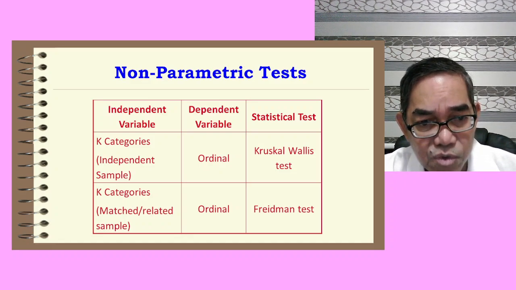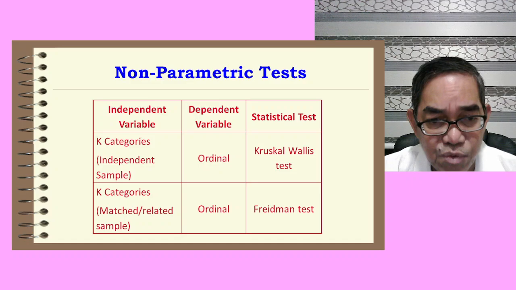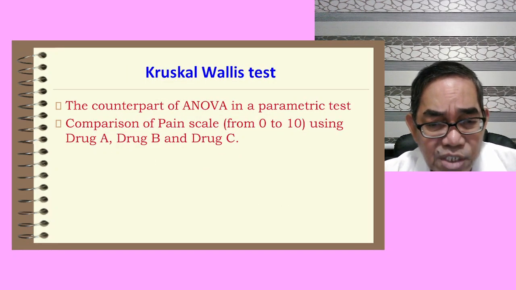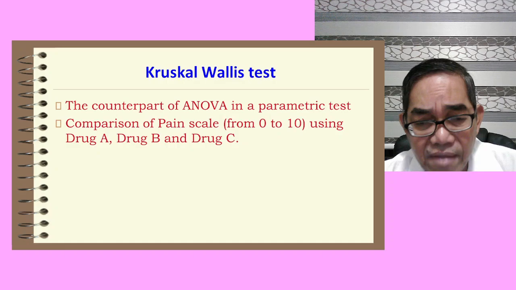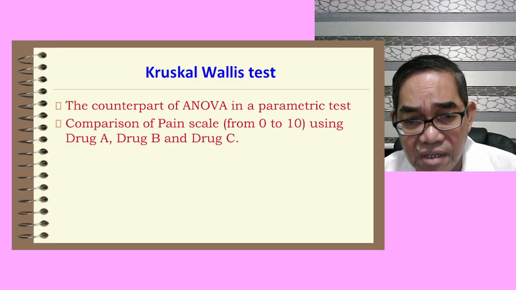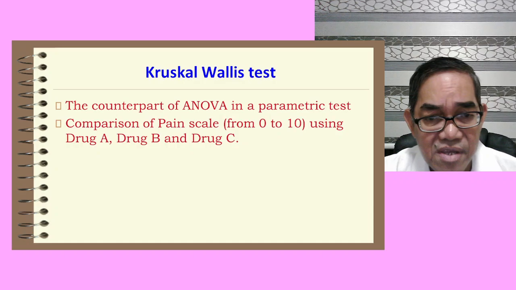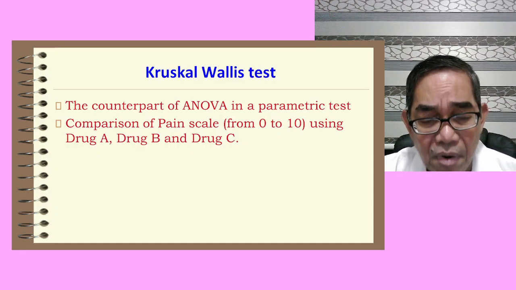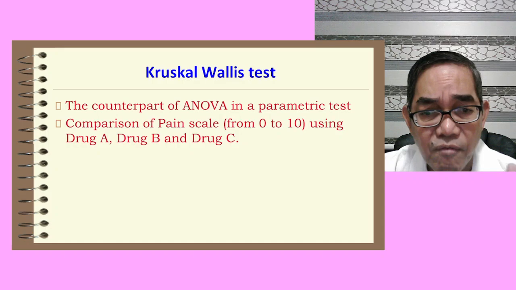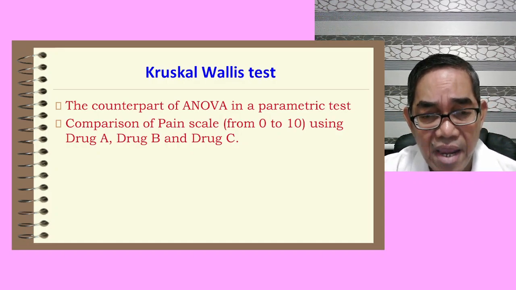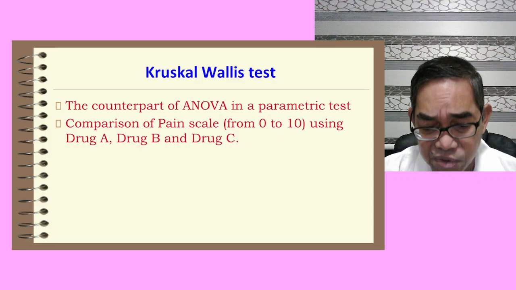With ANOVA, we also have more than two categories. So, comparison of pain scale from 0 to 10 among people given drug A, drug B, and drug C. We have three groups of people, independent of each other, and because the outcome, pain scale, is ordinal, we use Kruskal-Wallis.